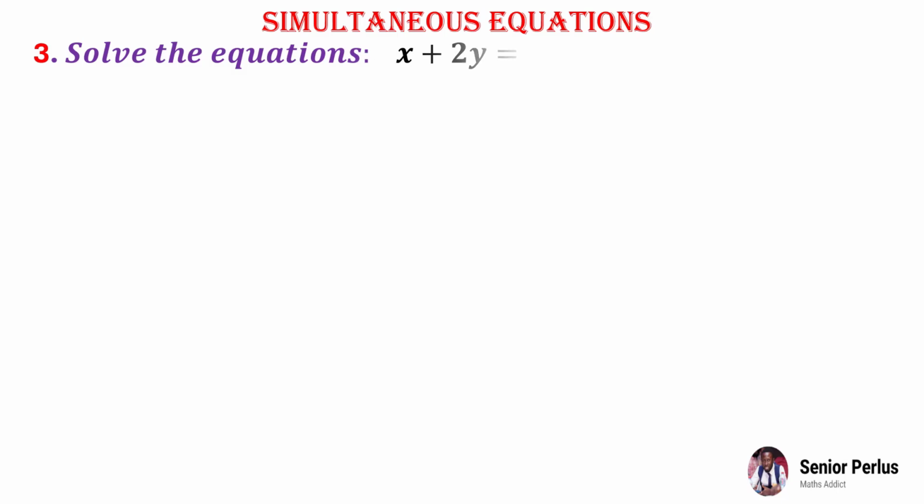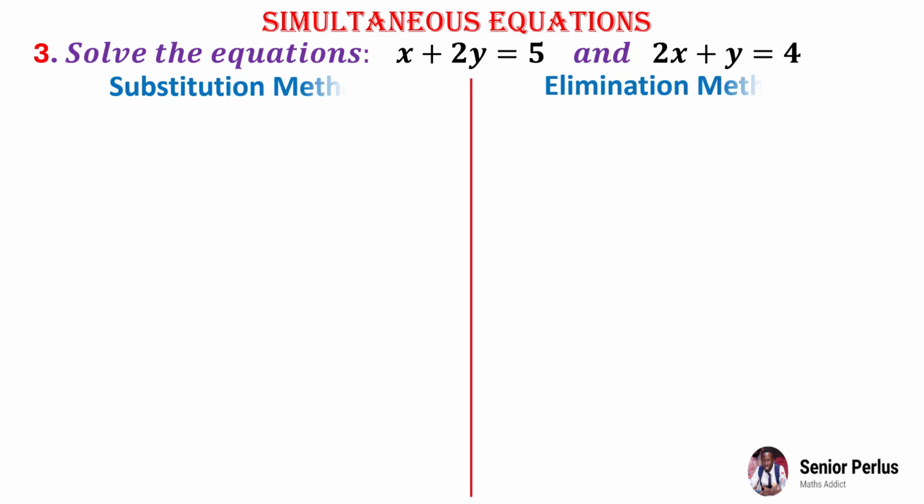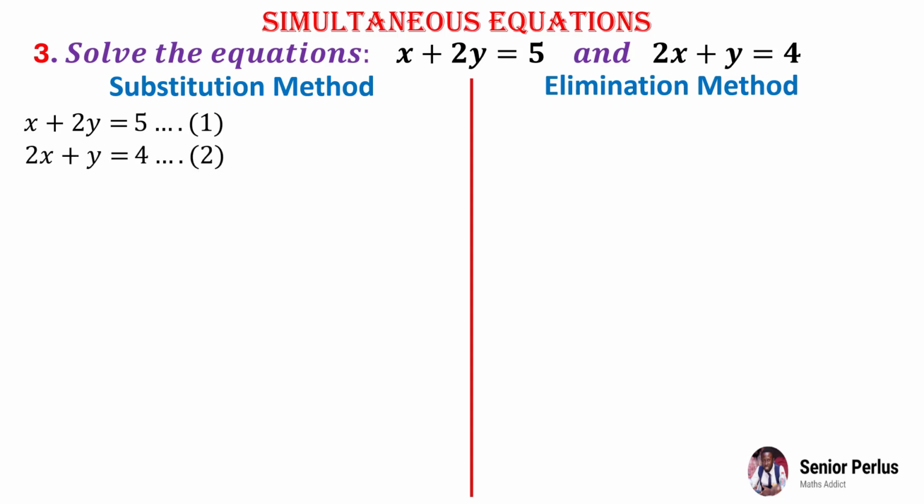So still on simultaneous equations, solve the equation. We are going to apply the substitution method, as we were doing earlier. You will make one of the variables the subject.